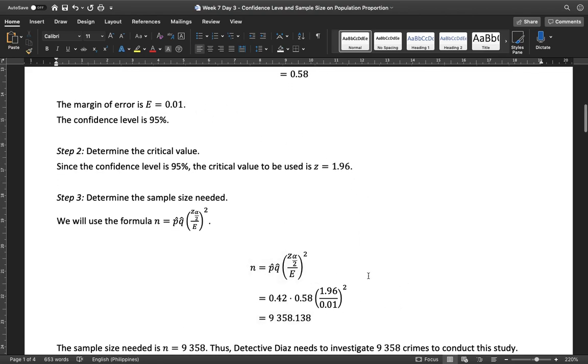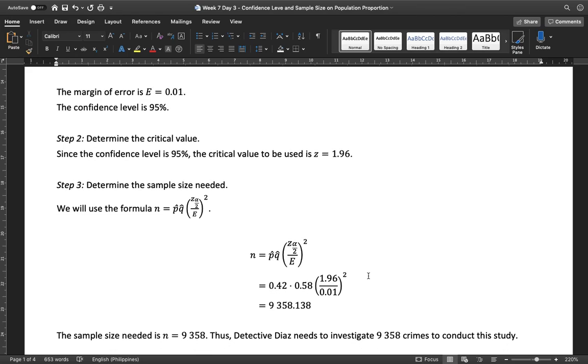And we square the entire expression. If we compute that in our calculator, we will come up with this large value here of 9,358.138.